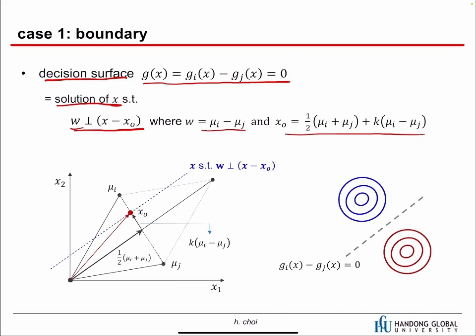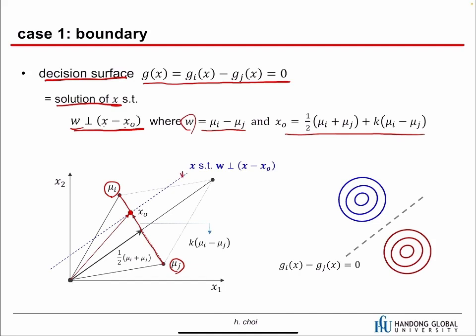Let's take a look at this figure on the left side. This one is mu i and this one is mu j. Mu i minus mu j is w, and x minus x naught should be orthogonal to this line, something like this blue line.